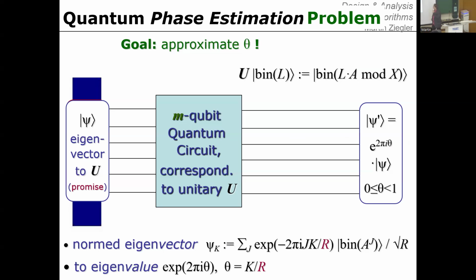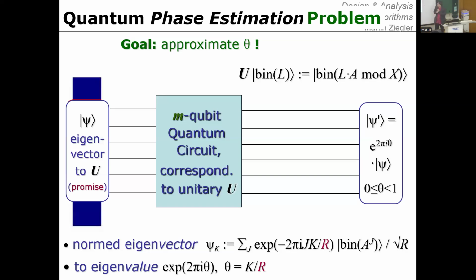Now what does it say? Approximate. Because, yeah, we need to fix a certain accuracy. In general for phase estimation, theta will be any real number between 0 and 1.